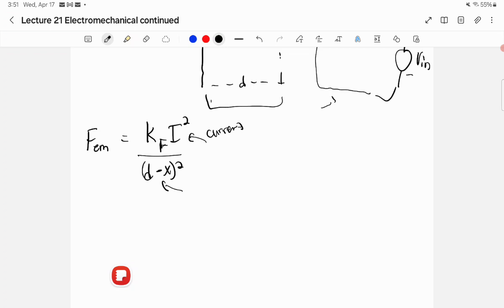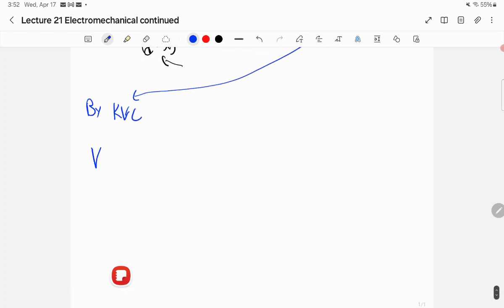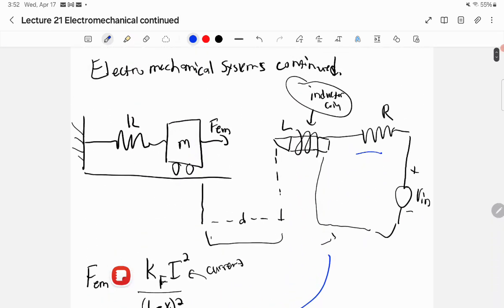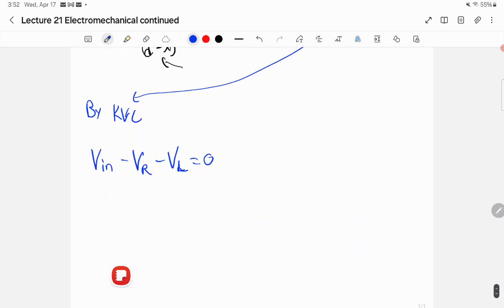Okay, so we have to model the two pieces. The first part is the circuit. So I'm going to bring that over here. By KVL, we know that Vn minus Vr minus Vl is equal to 0. I'm going to call this current IL.